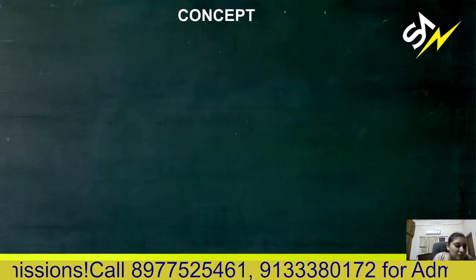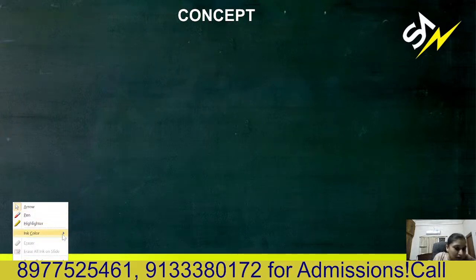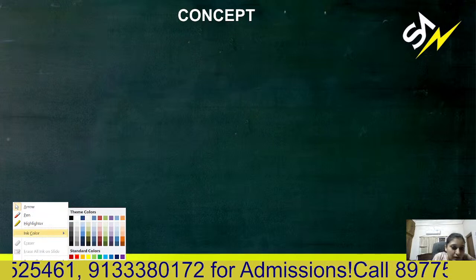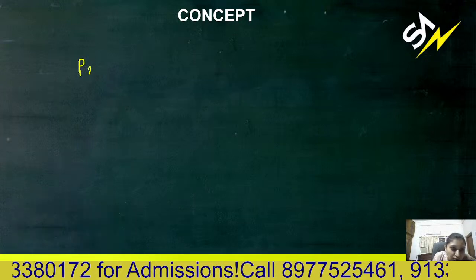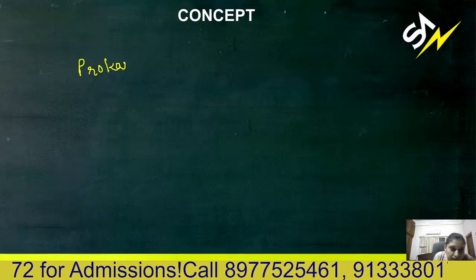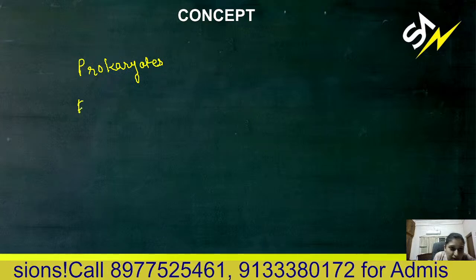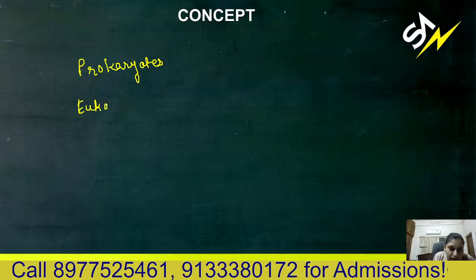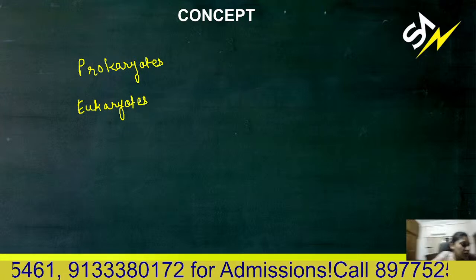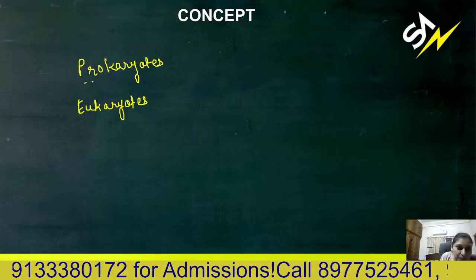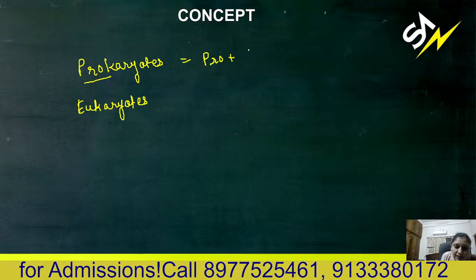Now tell me the difference between pro and eukaryotes. Come on. What is the main difference between prokaryotes and eukaryotes? Prokaryotes, eukaryotes. Your name itself suggests it: prokaryote is pro plus caryon.